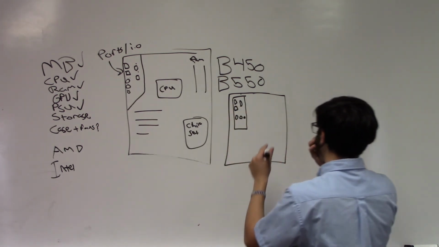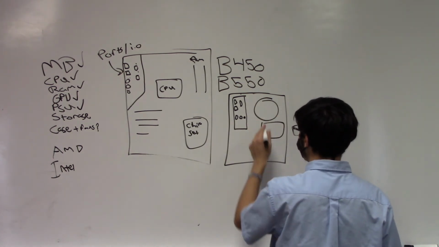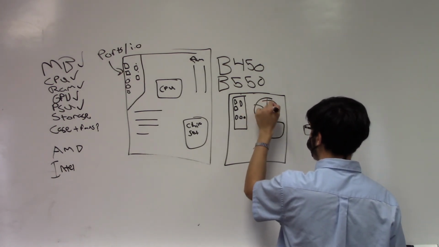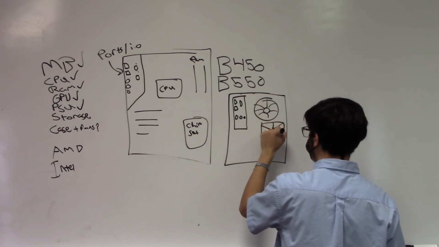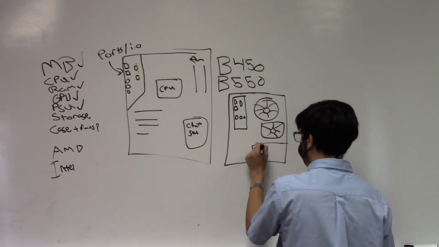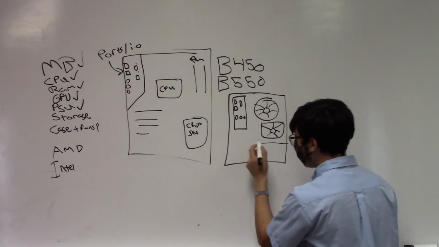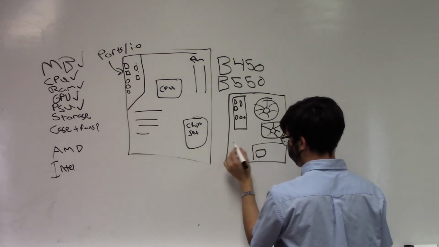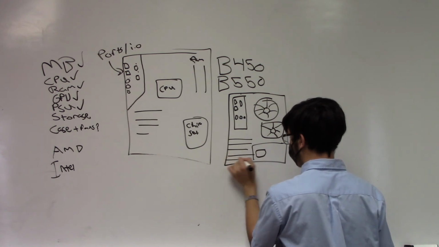And then you have a fan, which is right here, and then there's another one right here, which are your fans that circulate air throughout the system. Then you have your power supply down here usually, and then there's your port there, and then you have the cable running through. But right here is very important, right here around the case. You have your covers for your PCI Express slots.